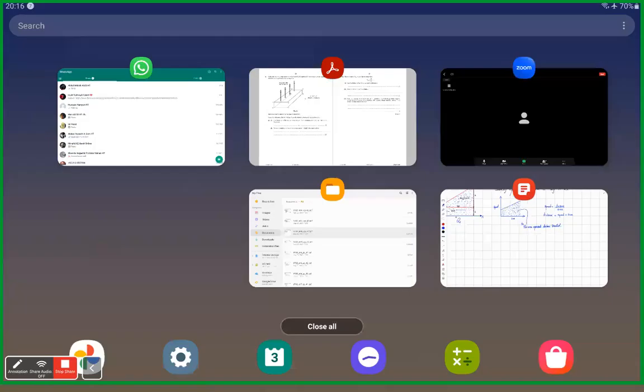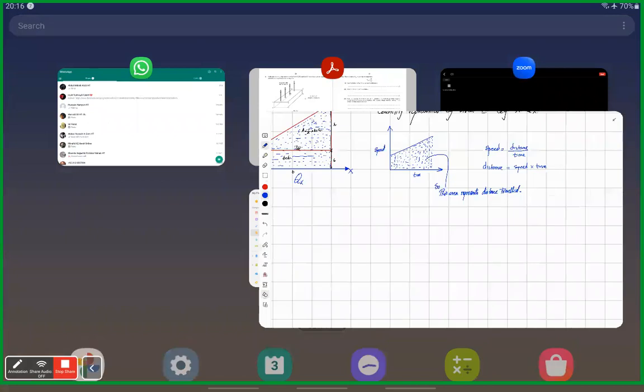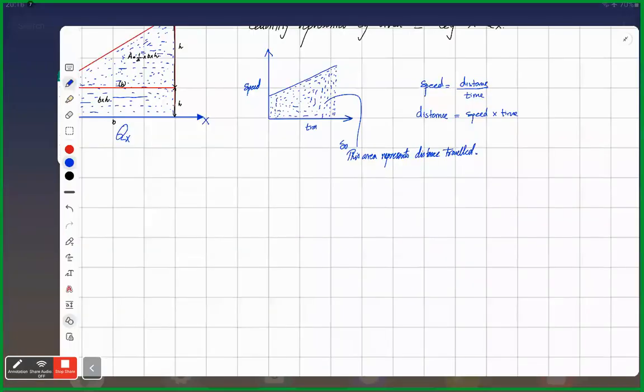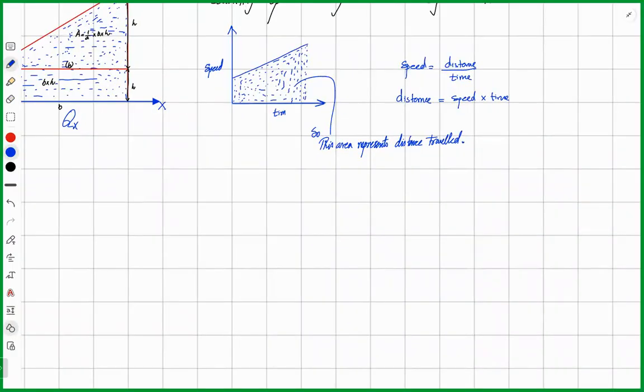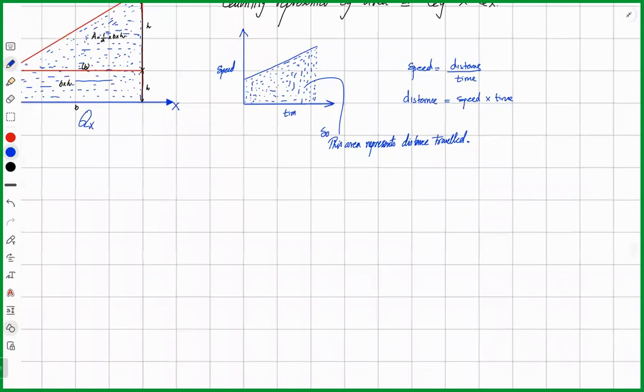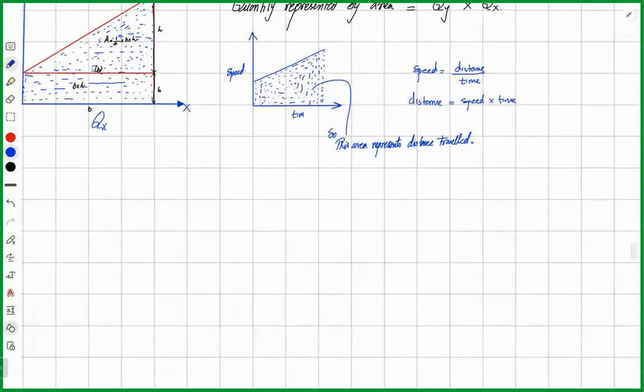Hopefully you people can hear me. Good. So this is what we need to know about graphs for IGCSE. We can solve some questions.